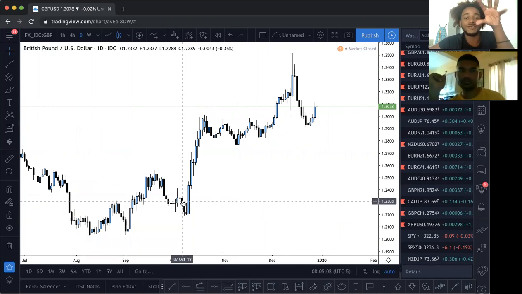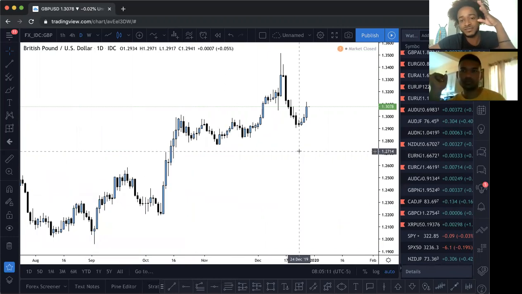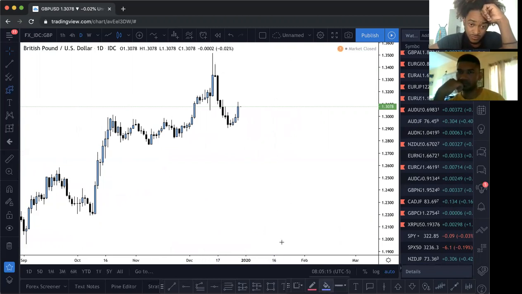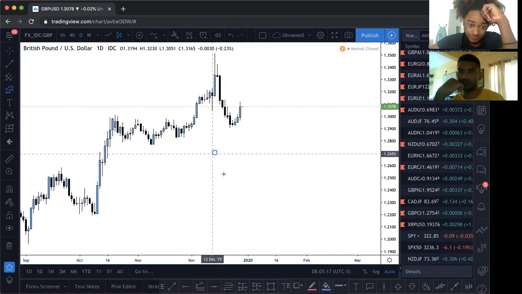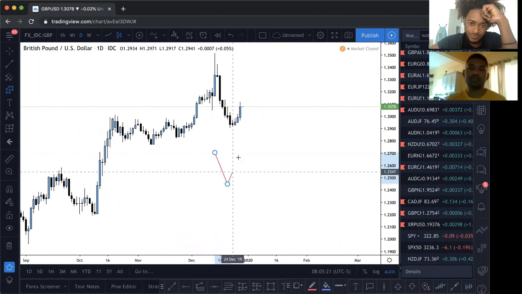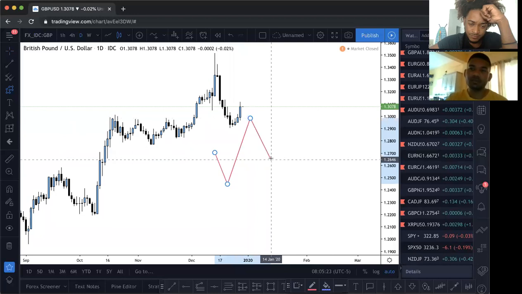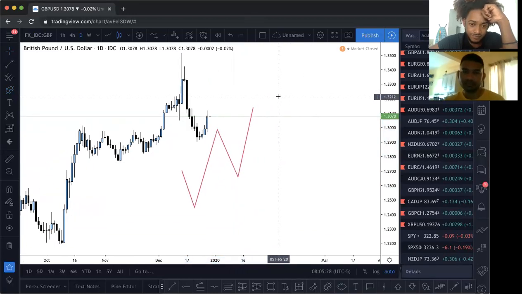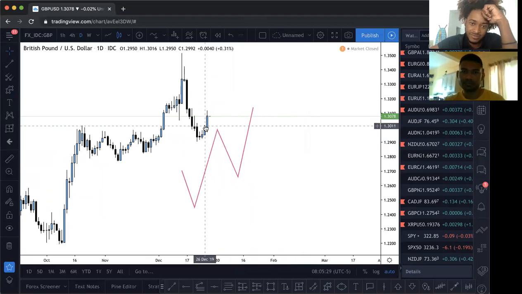So I'll just go over the most basic rules, right? First, you have the valleys and the peak zones, right?